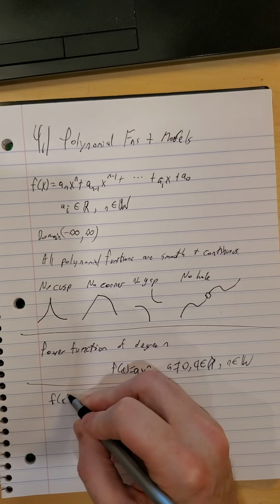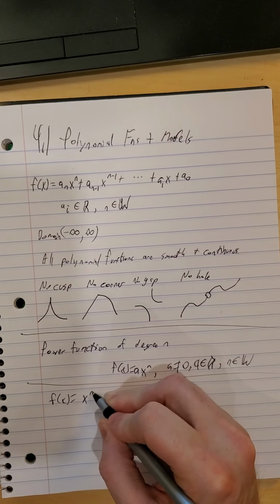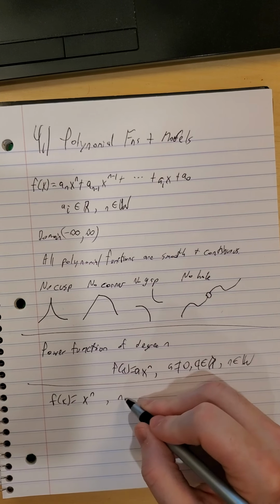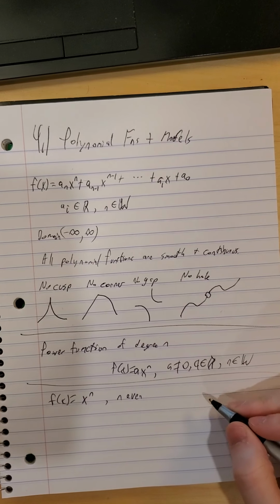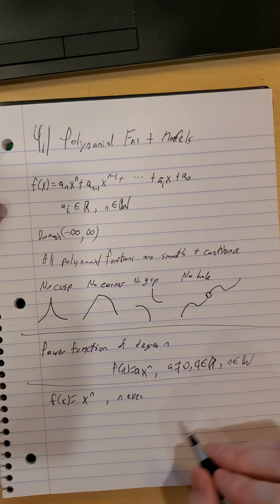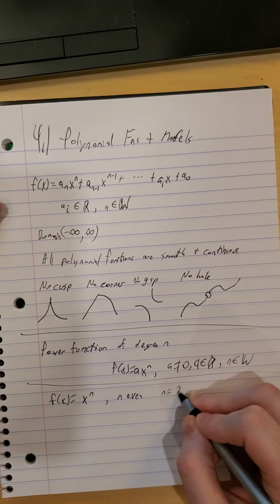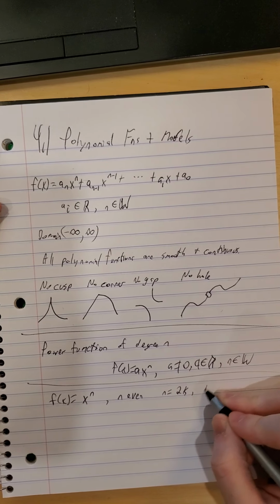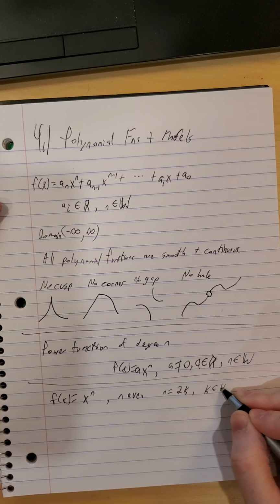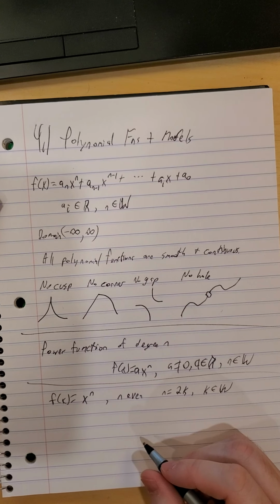So we'll start with f of x is x to the n. n is even. n being even means we could also think of it as n equals 2 times k. k would also be in the set of whole numbers then.